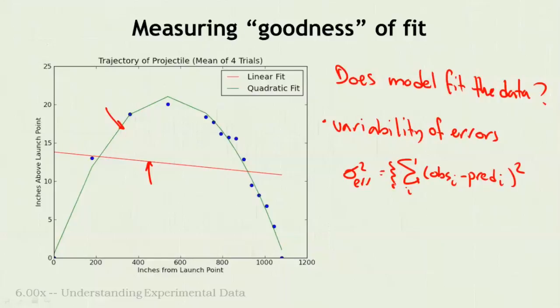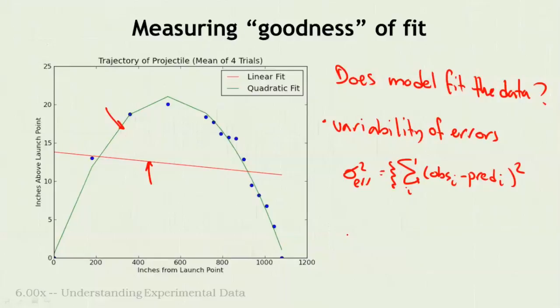If there were small errors all around, then the variance of the errors would be small. We could just take this number, and a small value would mean the model fit well, and a large value would mean that the model wasn't fitting.